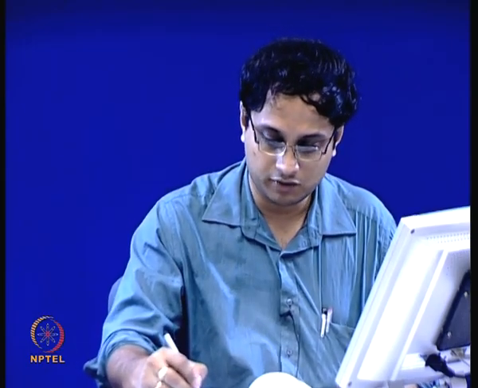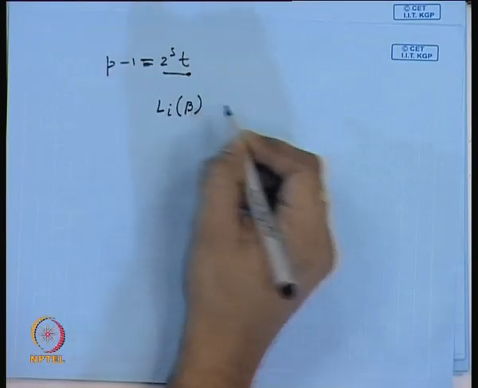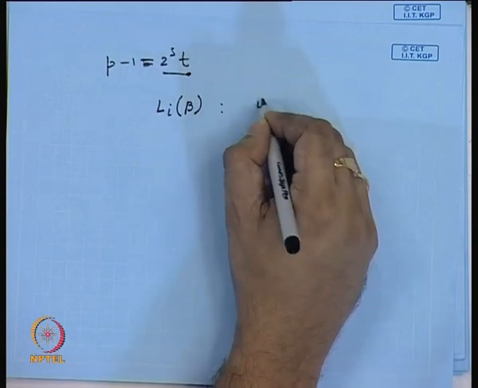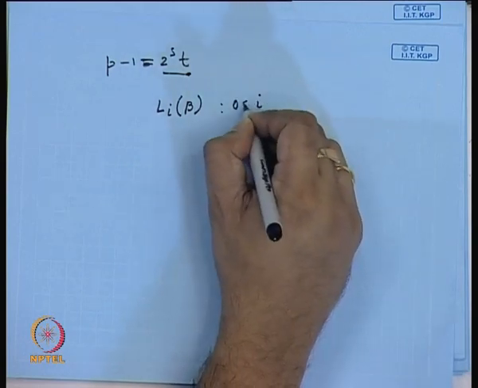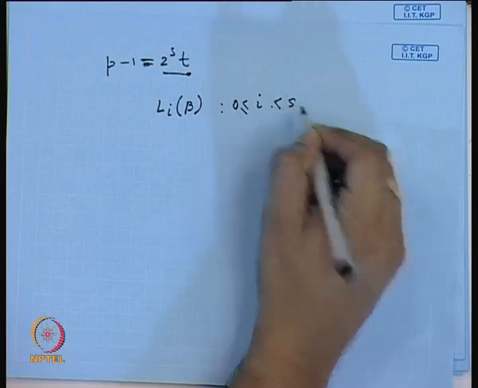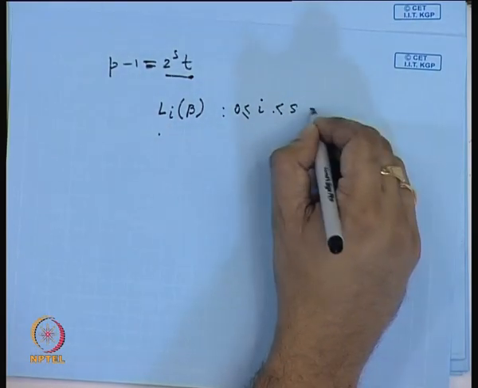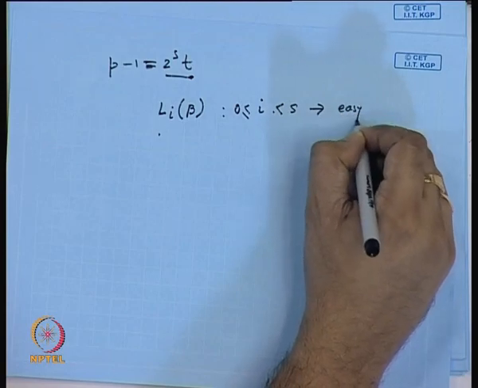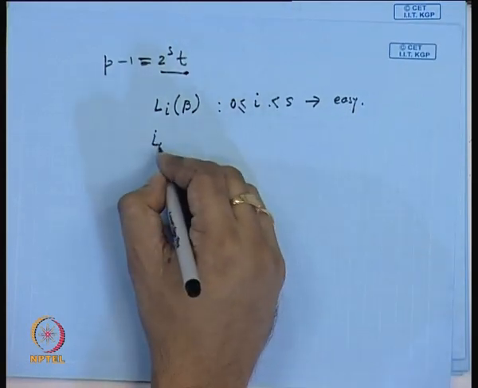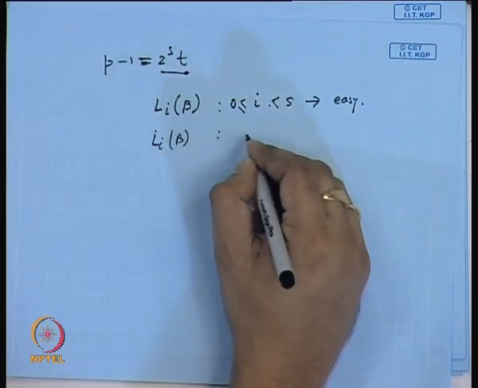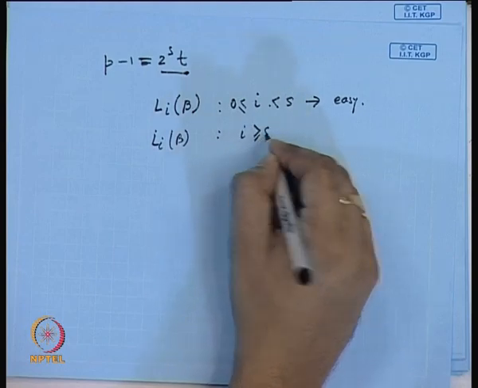So the discrete log problem here will be difficult for this kind of beta when i goes from 0 to s minus 1, okay. Therefore this part will be easy, but L_i beta will be hard when i is greater than or equal to s.